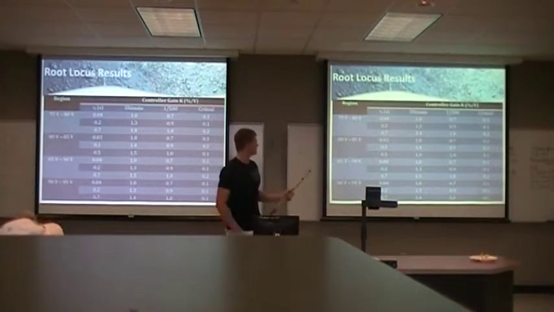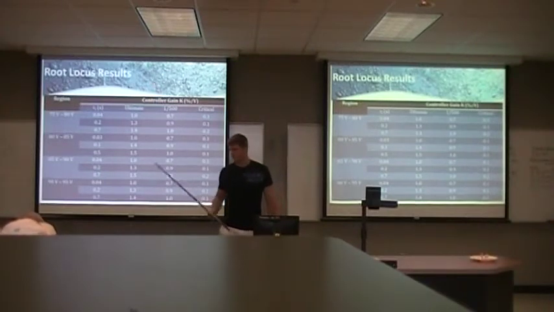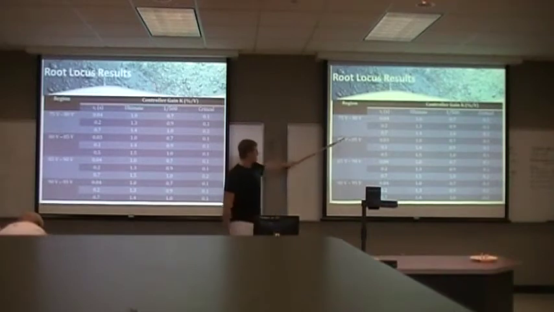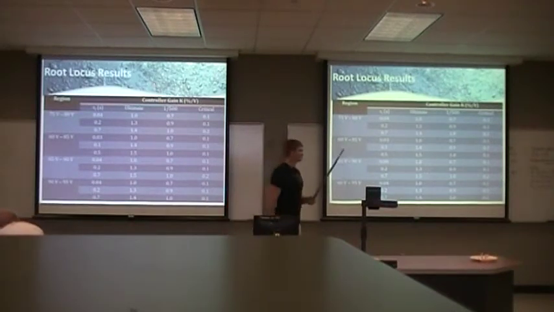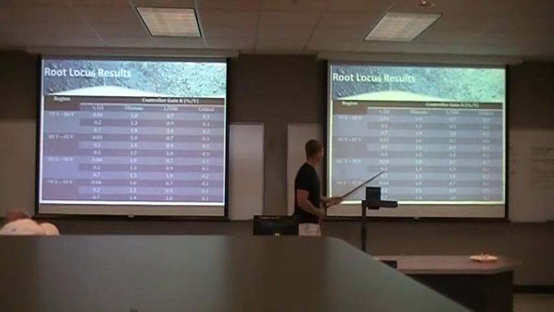Here are the values that we came up with using the root locus plot, which I was describing earlier. These are the values for each of our ranges, 75, 80, 85, and so on. The thing to point out is they all look relatively the same, plus or minus a few points.